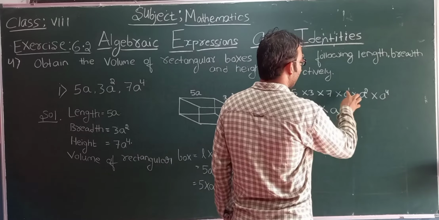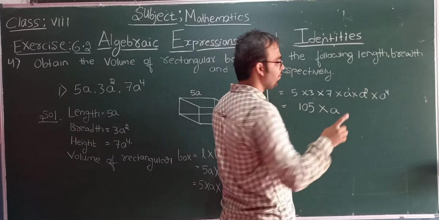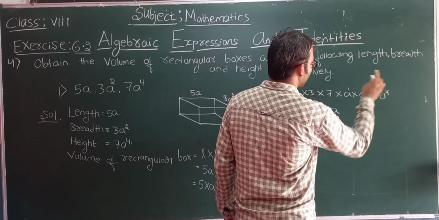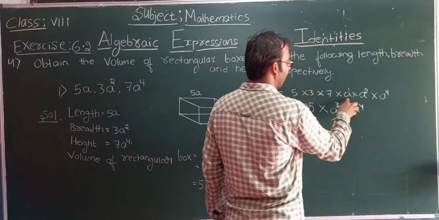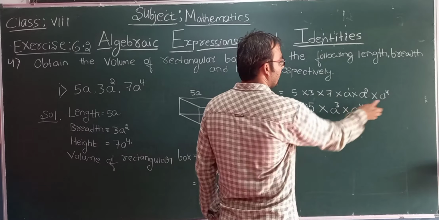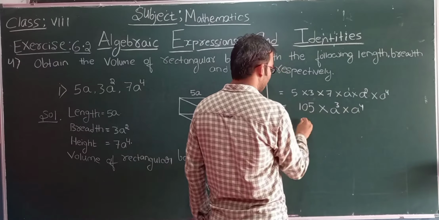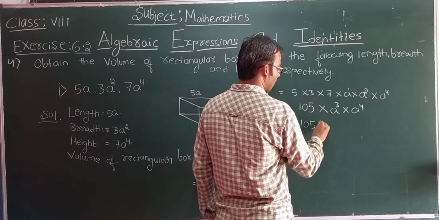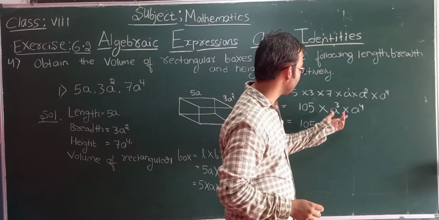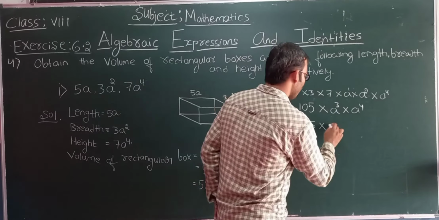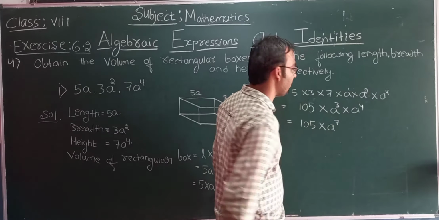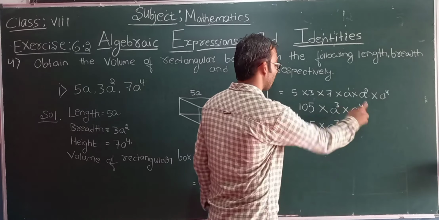A into a square is a to the power 3, and here a to the power 4 is there. Look at here, a cube into a to the power 4 will be a to the power 7. Okay, so 3 plus 4.